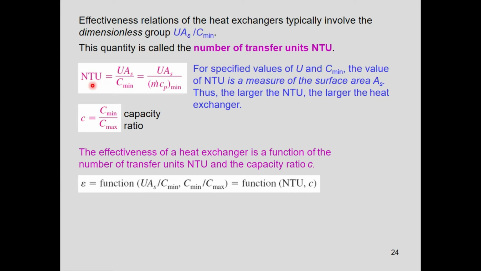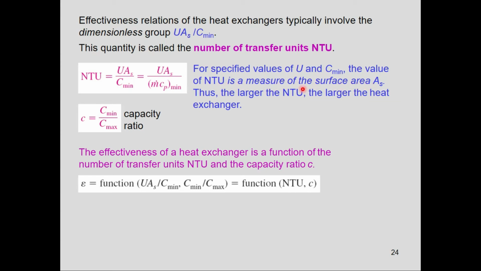You might have an idea of what the NTU is: it tells us how effectively heat will be transferred in that particular situation, right? For specified values of the overall heat transfer coefficient and the C min value, you can get the value of the NTU, which is a measure of the surface area.